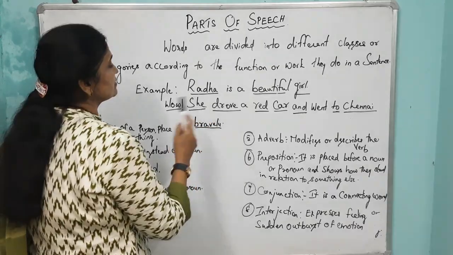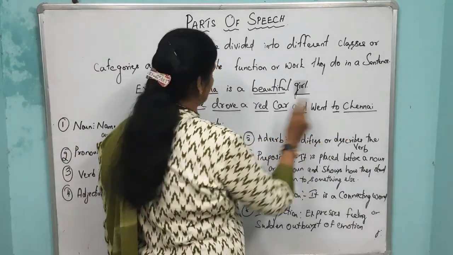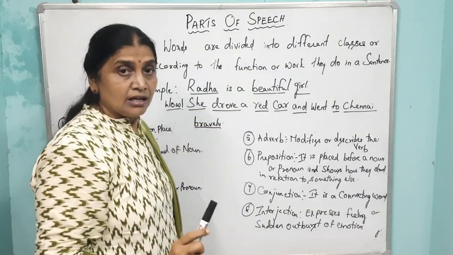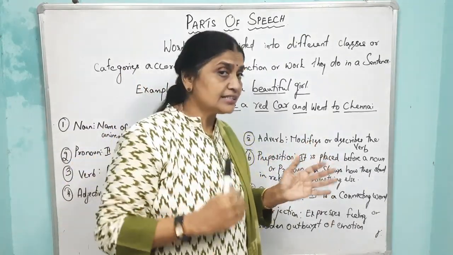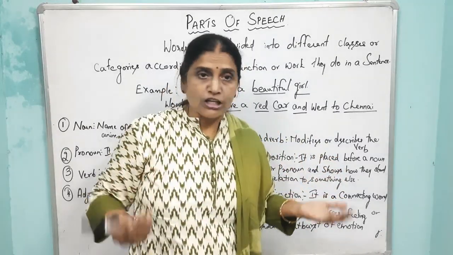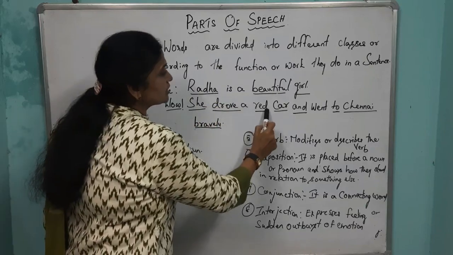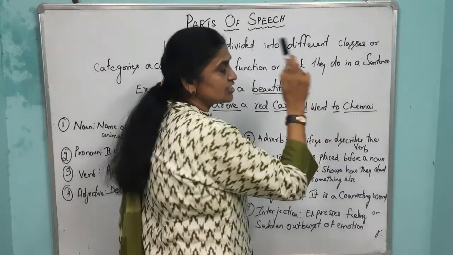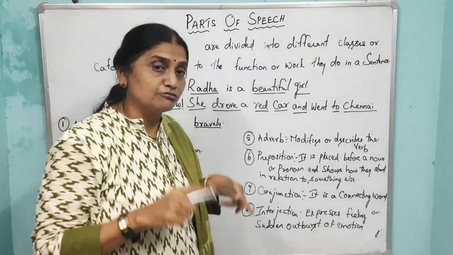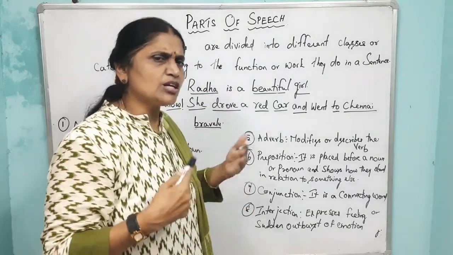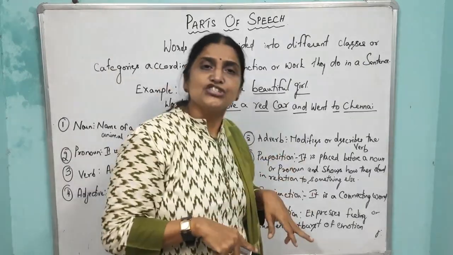Here again you have 1, 2, 3, 4, 5, 6, 7, 8, 9, 10, 11 words. If you join these 11 words in a proper order, it makes sense, and that is what we call a sentence. But all these words do not perform the same function. Each has its own function to perform in the sentence. And what are the functions? How are these words different from each other?